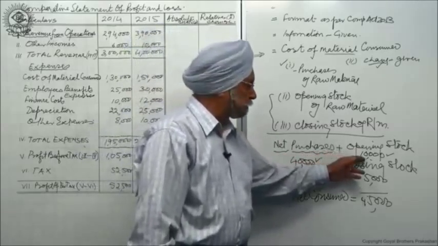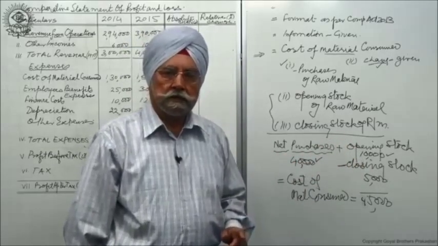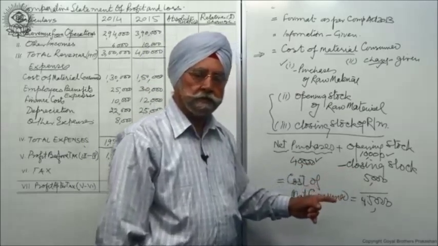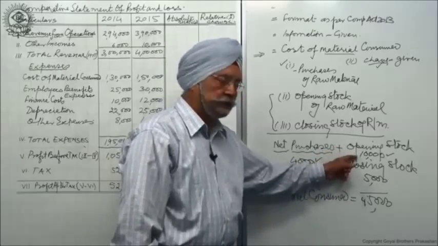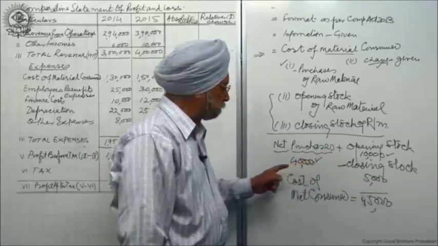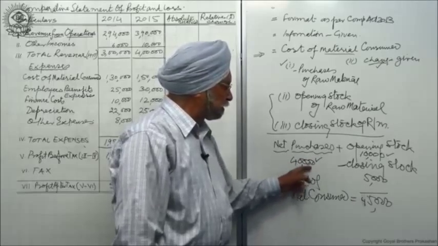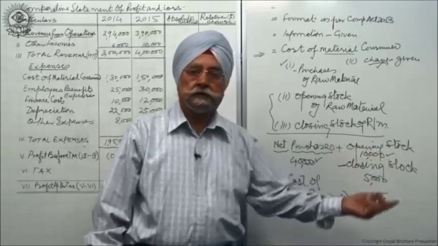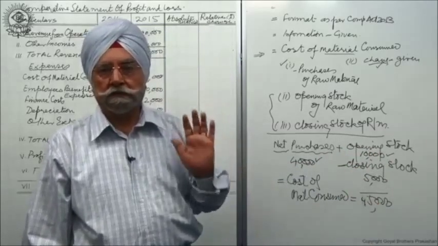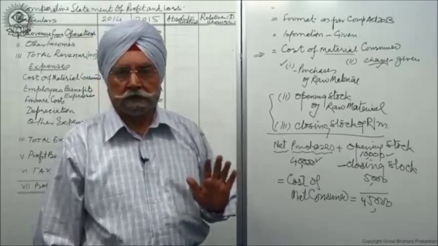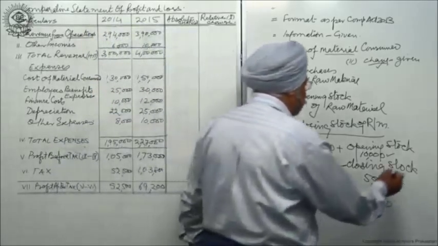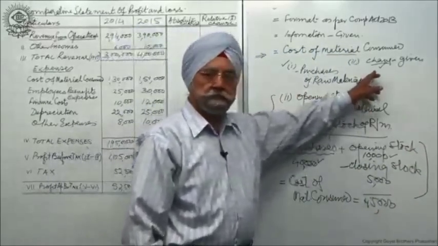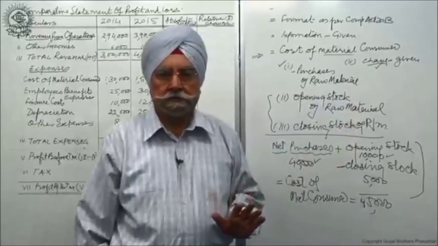The stock has decreased from 10,000 to 5,000, so our cost of material will automatically be 40,000 plus 5,000, because the change is only this much. This is how it is to be done in case the change is given. I hope it's clear.